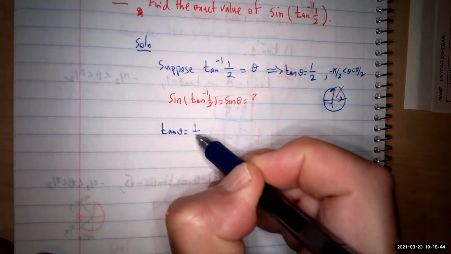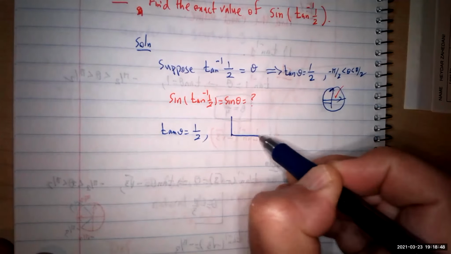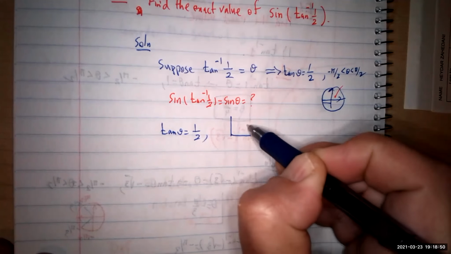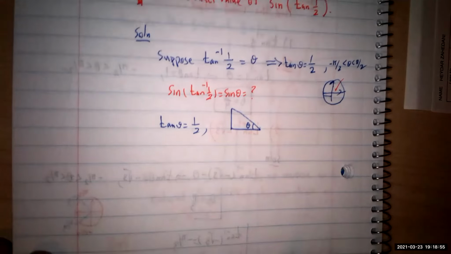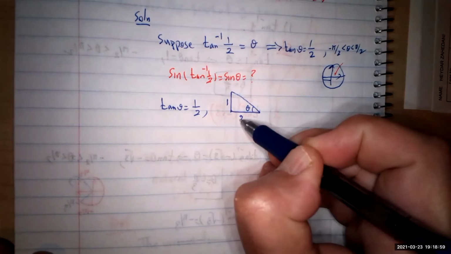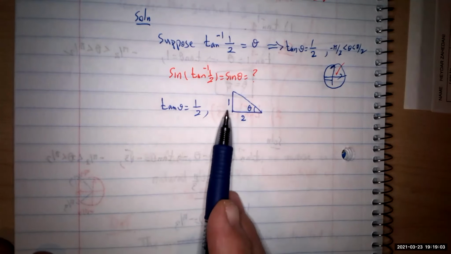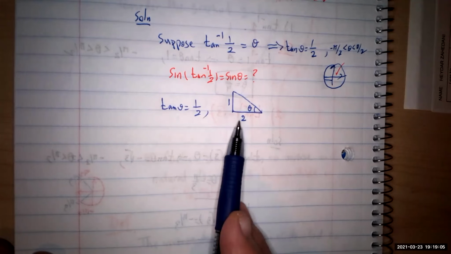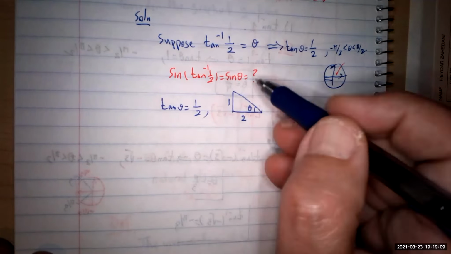Your tangent is 1/2, opposite over adjacent, and this is your theta. We want to find this side: 1 squared is 1, 2 squared is 4, and 4 and 1 is 5. So that gives radical 5.